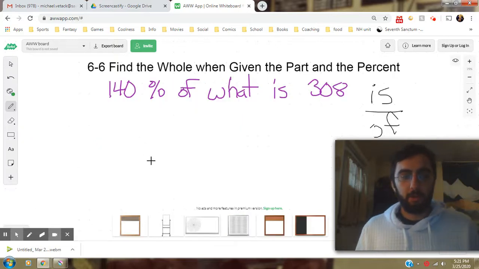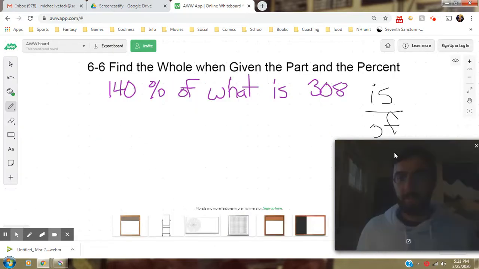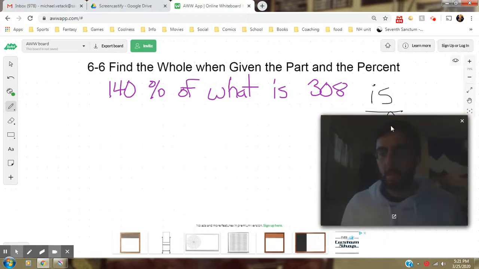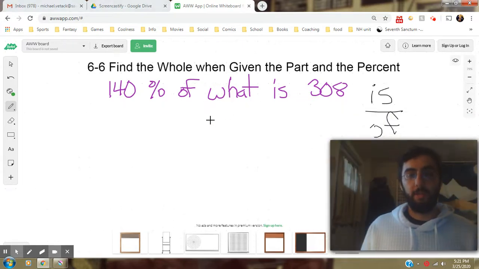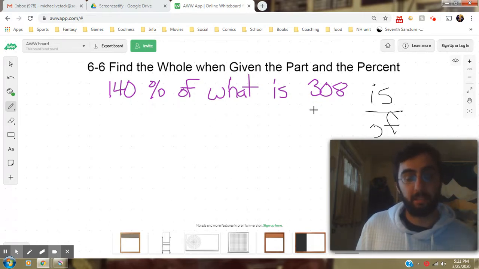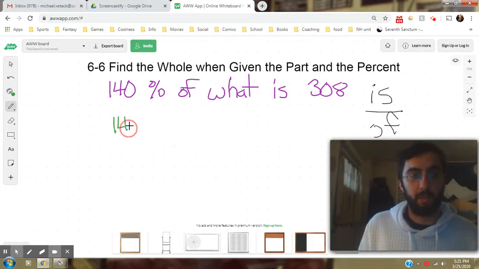So the final one we're looking at here is another one where we don't know the whole. We're given the part. So again, 140% of what is 308. So we're looking for that total, that whole number on the bottom. So 140 over, actually, let's do this.